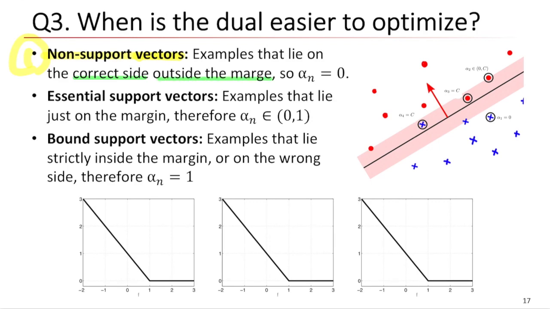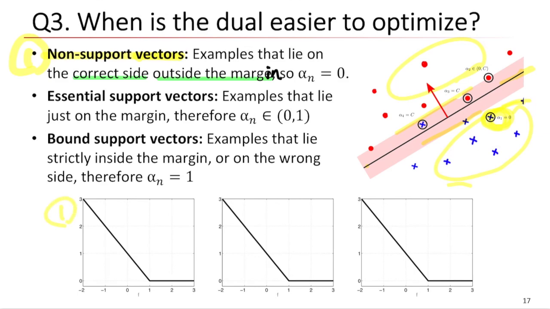Here's the margin. It looks like this. So this is the decision boundary, and this is the negative sample, and this is the positive sample, and this training sample lies on the correct side, outside the margin, right? So this is a non-support vector case.